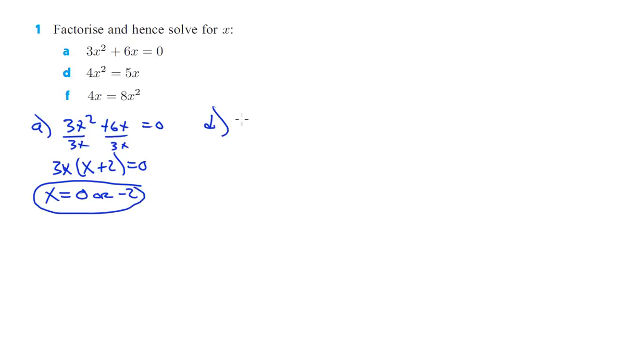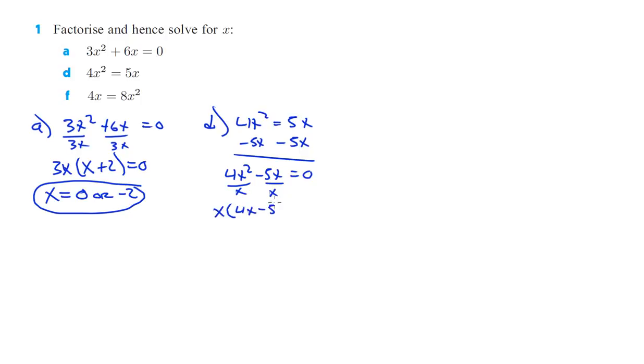Okay, D, 4x squared equals 5x. I would suggest moving the 5x over here since they want us to factorize. So let's do that. Subtract 5x from both sides. And we get 4x squared minus 5x equals 0. So we can get an x out of both of those. So that's going to be x times 4x minus 5 equals 0.